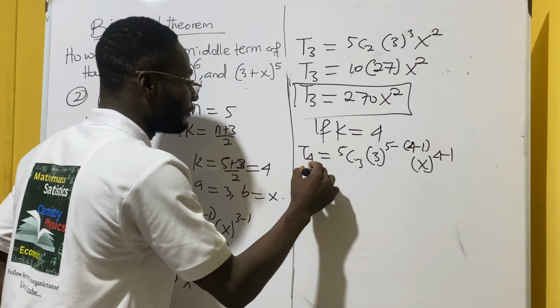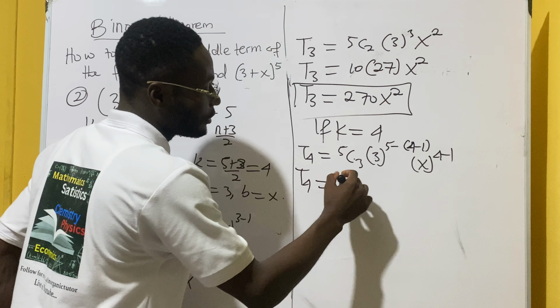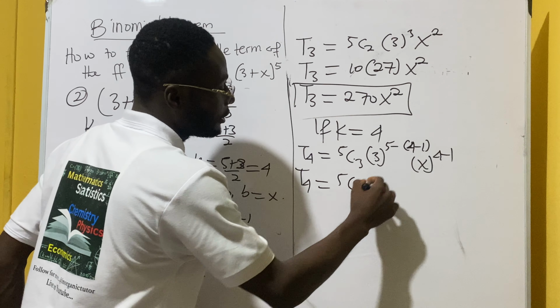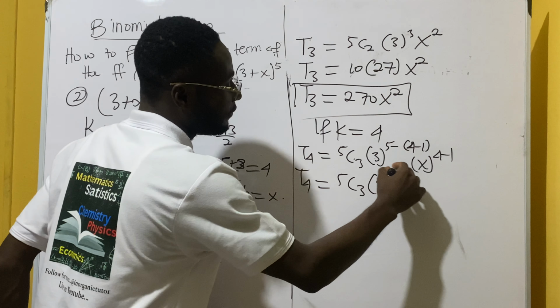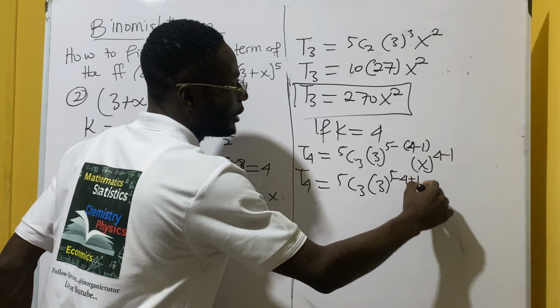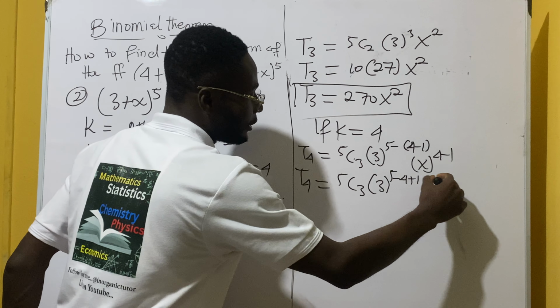So we're going to have t4 equals 5 combination 3 into 3 exponent 5 minus 4 plus 1 times x exponent 3.